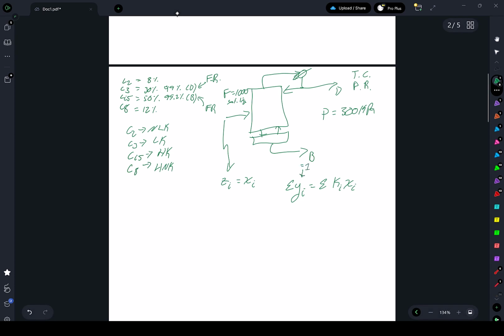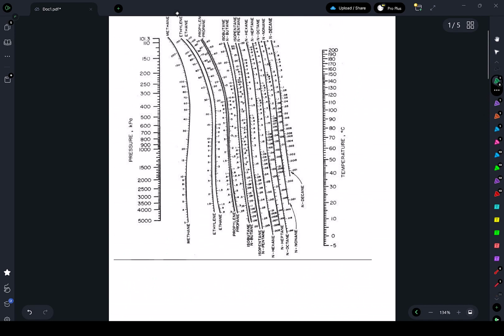It must be equal to 1. It can't be greater than or less than. So we need to get K values from the DePriester chart and multiply them by our X component, or our Z fraction of each component, and sum them up to make sure they equal 1. If they don't equal 1, we have to guess again and figure out a new temperature. There's no temperature given, so we can't just connect to a temperature range.